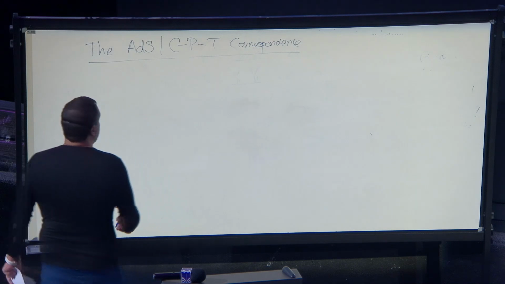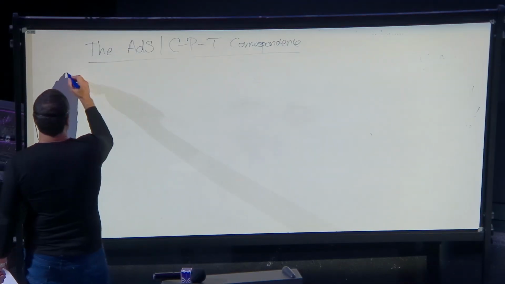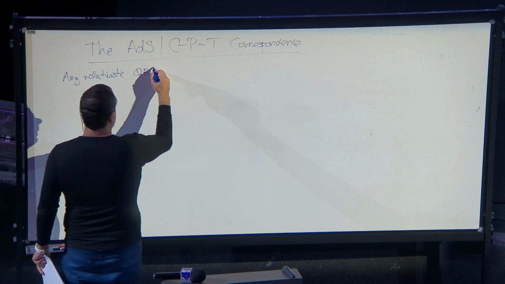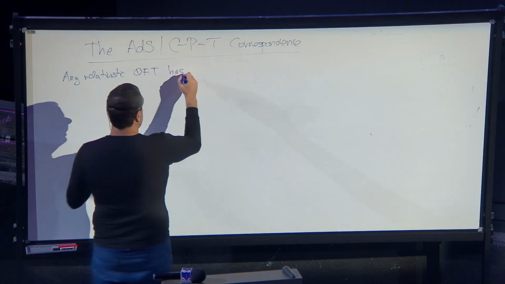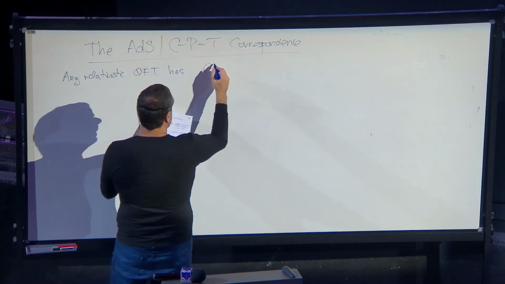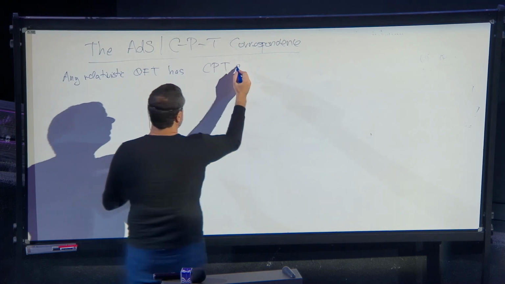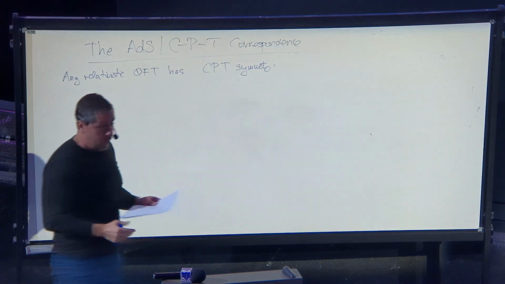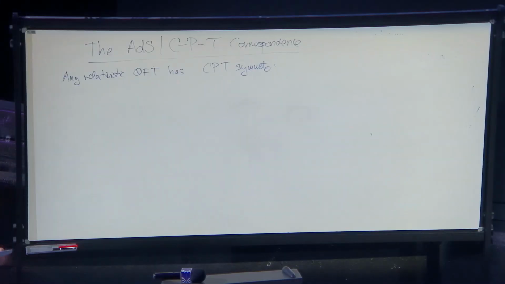Then this led me to think about the following question: any relativistic quantum field theory has CPT symmetry. And of course, a conformal field theory is in particular a relativistic quantum field theory.